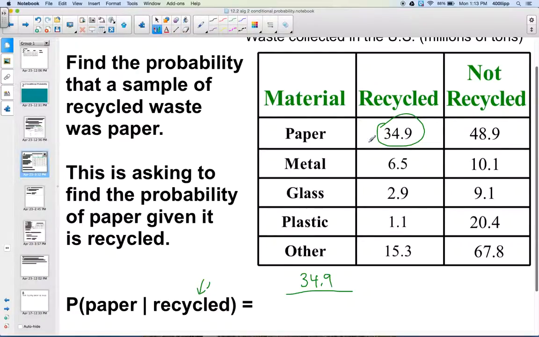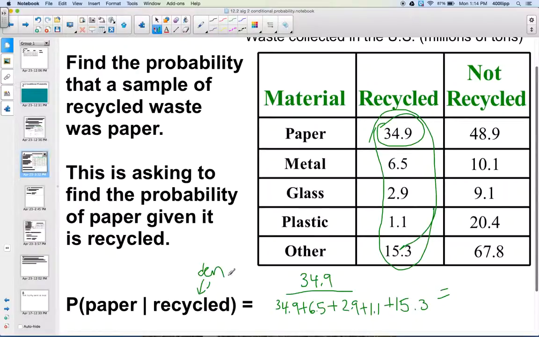So I'm going to add up everything that is recycled: 34.9 plus 6.5 plus 2.9 plus 1.1 plus 15.3. That goes in the denominator because it's all of the recycled.